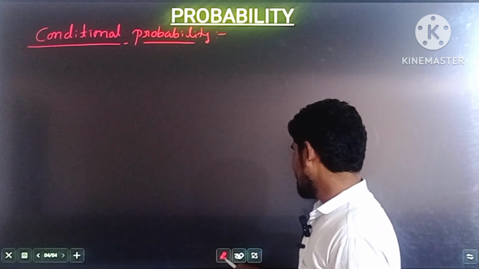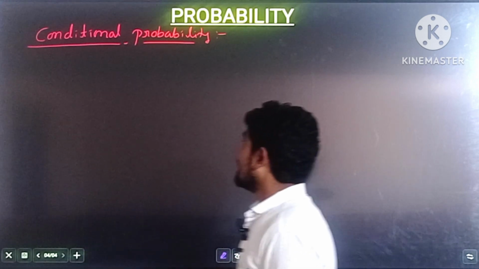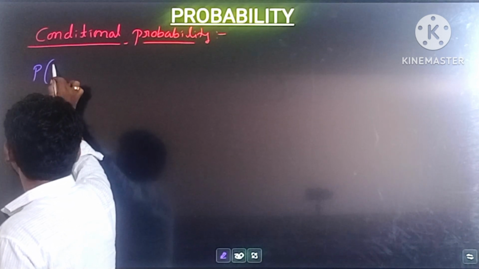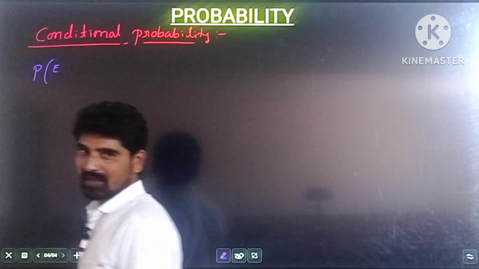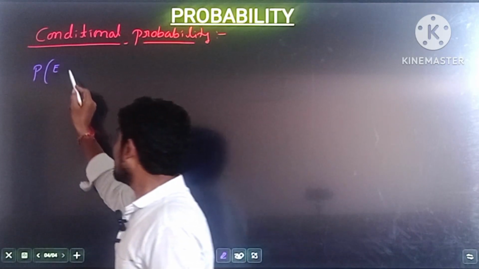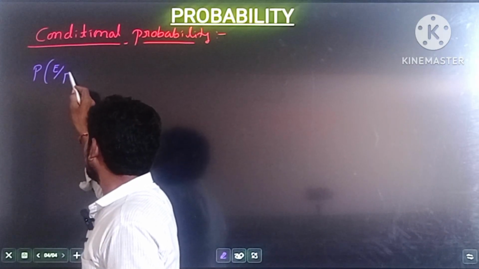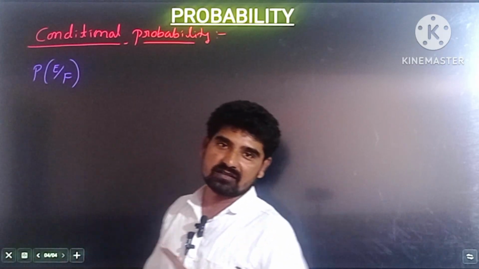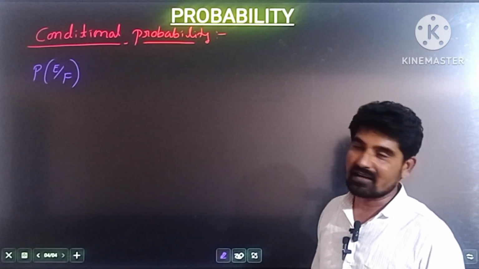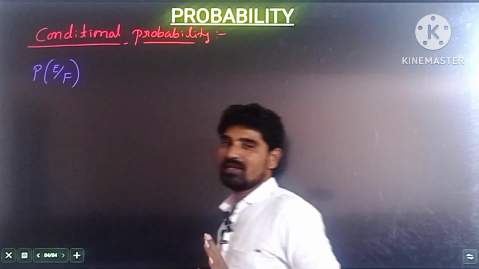In conditional probability, we need to calculate the probability of one event, let's say E, when the second event F has already occurred, and it is denoted by probability of E by F.